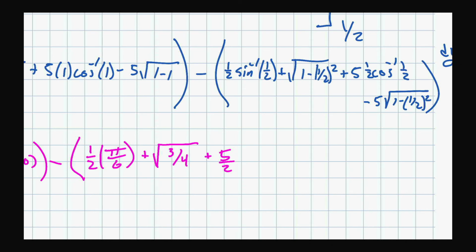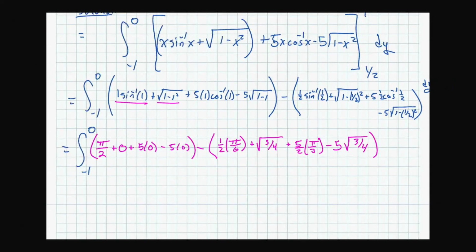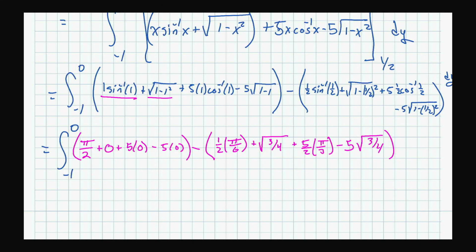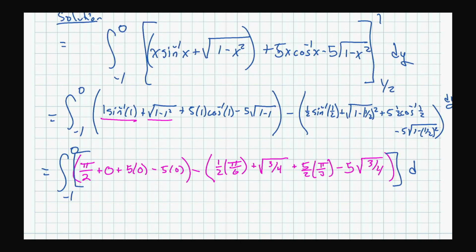I thought, for some reason, I was about to do this wrong and then got confused. Okay, back here. 5 times 1/2 is 5/2. Cosine inverse of 1/2 is pi over 3, right? I think. Hope so. And then minus, we got 5 again, and then we got another square root of 3/4. Okay, and this is not done, right? This is not done when you do all this, because all of this is actually in parentheses, and then there's a dy at the end.